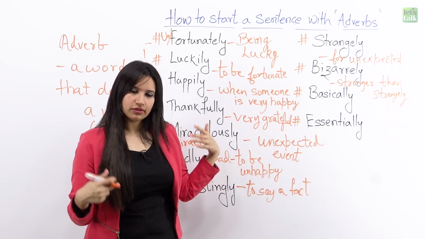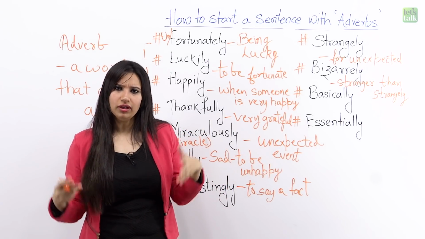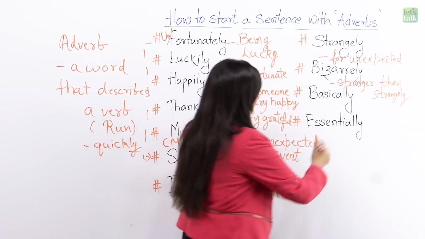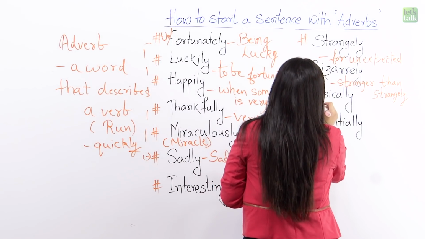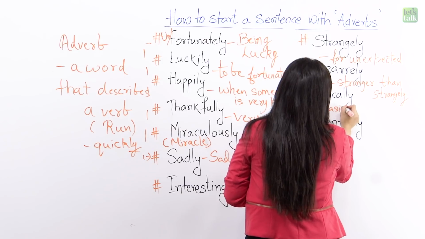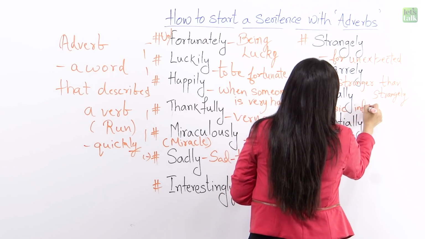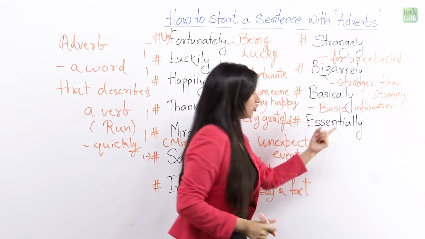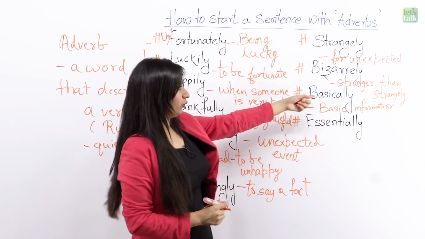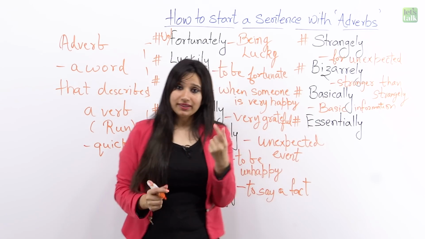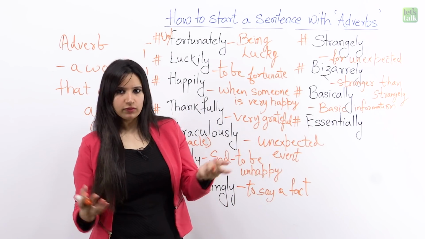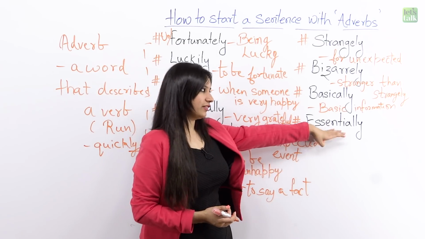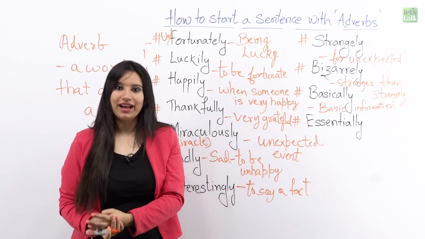That's how you can use this to share just basic information and nothing serious, no detailed information. And because we are sharing basic information, that's why we are using the word basically. But basically is a very common word which most people use. So if you want to stand out from the crowd, you might want to use essentially, which means the same as basically.